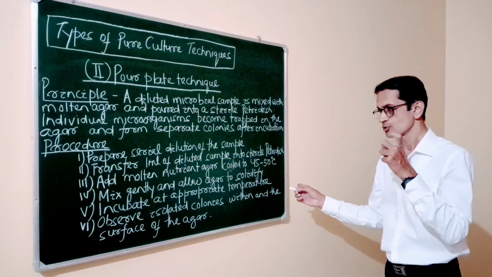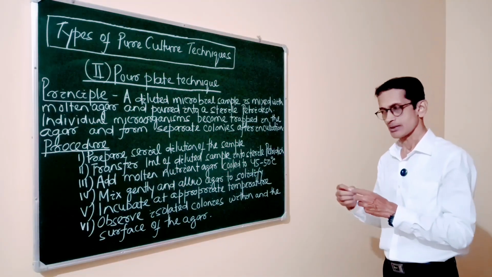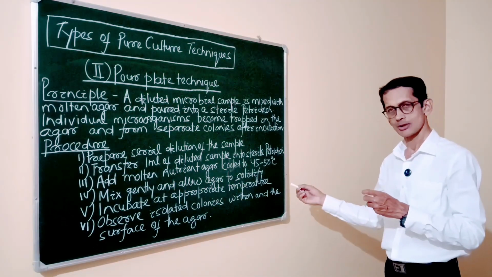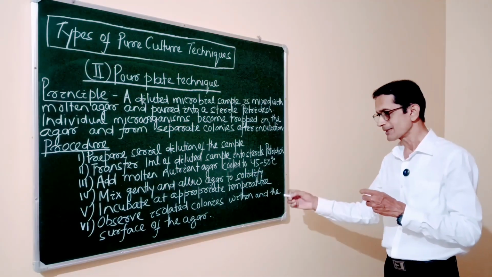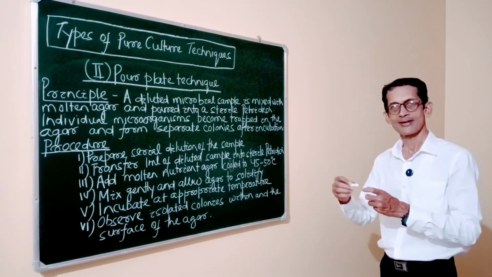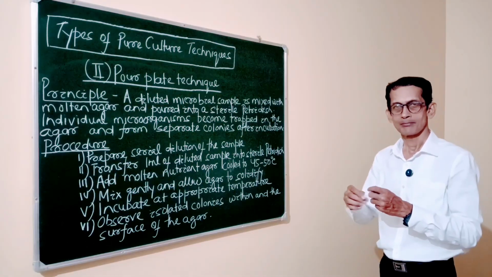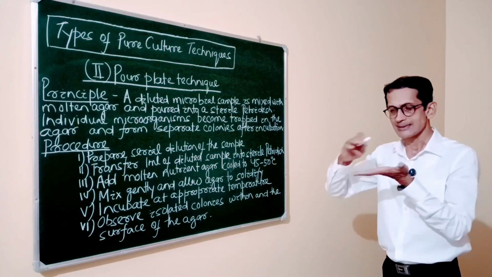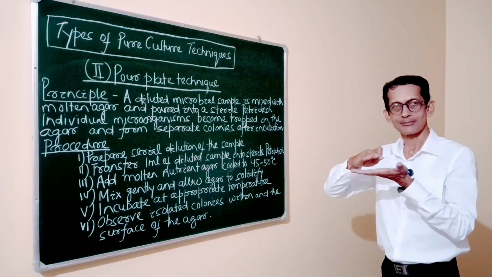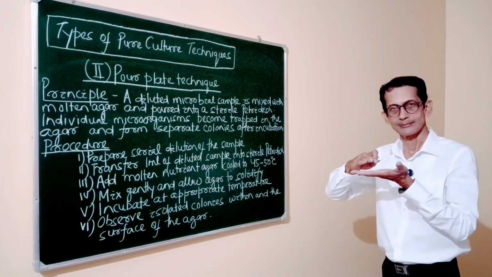Agar should be solid. Then incubate at the appropriate temperature. Observe isolated colonies within and on the surface of the agar, because colonies will be found within the agar and at the same time at the surface of the nutrient agar.